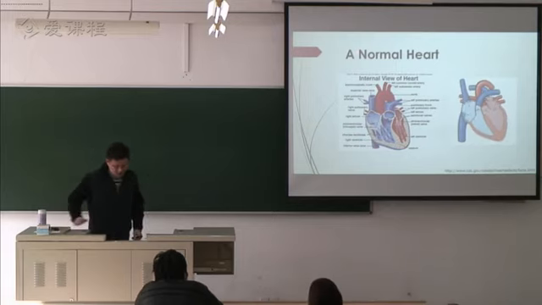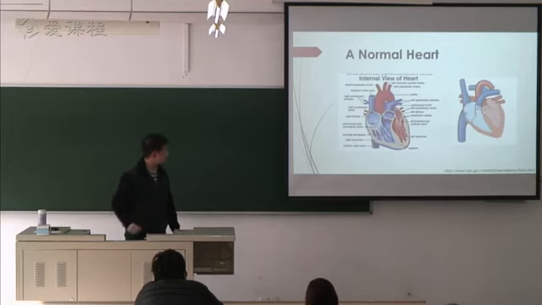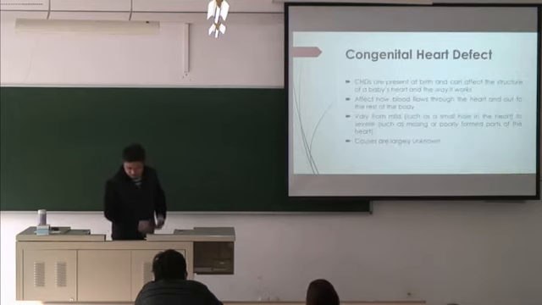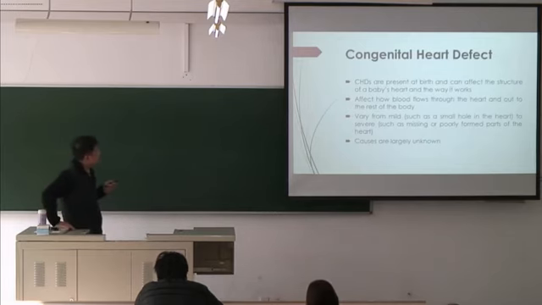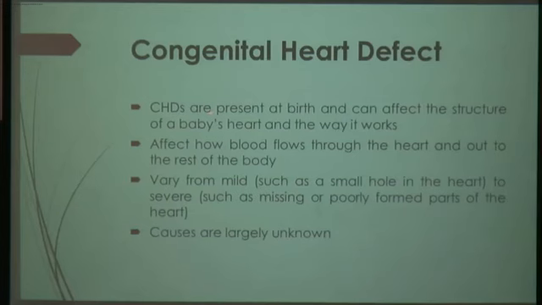Depending on the location of the defect, there are multiple types. Basically, congenital heart defects are defects at birth, and they affect the structure or shape of the baby's heart and also its function, so the way it works will also be affected.